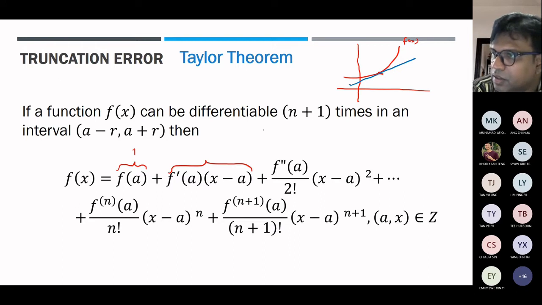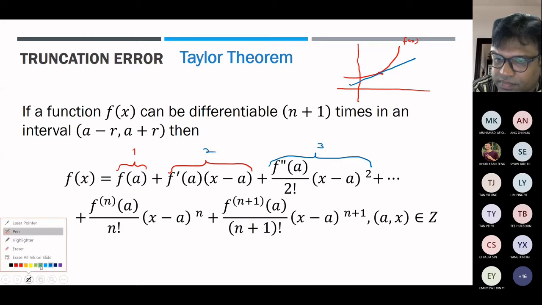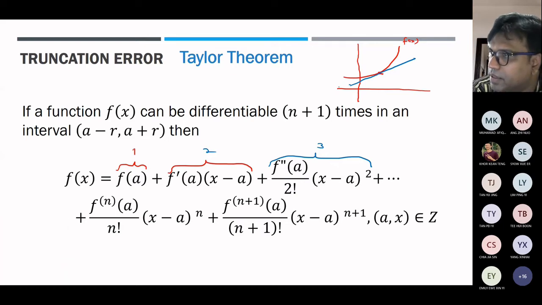When you consider the quadratic term, the third one, so this is the second and this is the third, the curve will be slightly like this. If you consider term 3, let me choose a different color, it touches the point and then goes up like this.